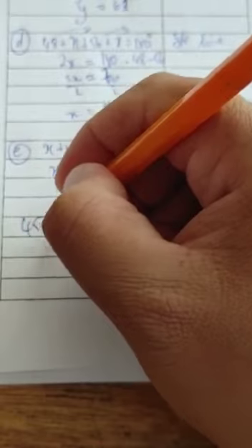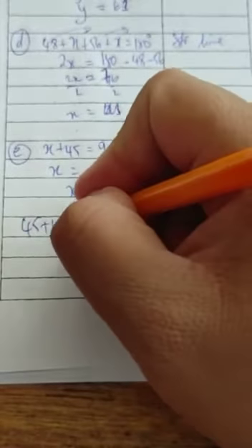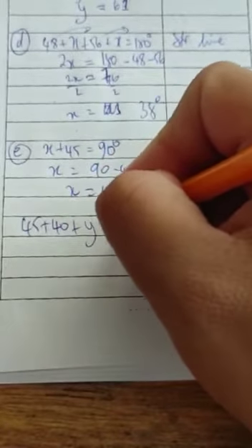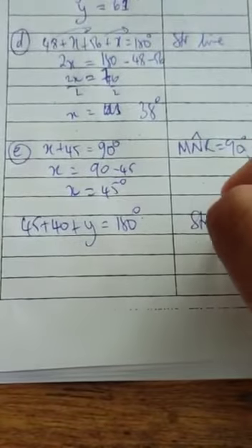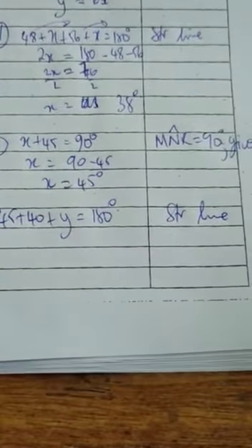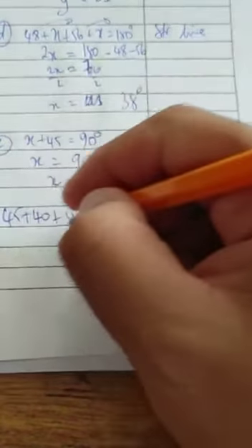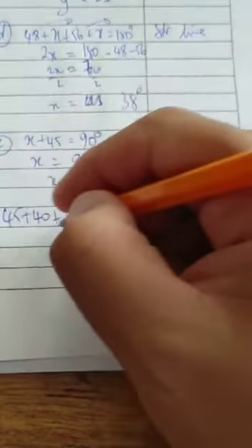Or I could have just said 90 plus 50 plus y is 180, because I have a straight line. So y is equal to 180 minus 90 minus 50, which is 40 degrees.